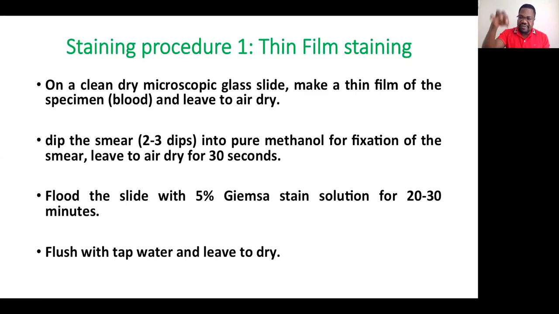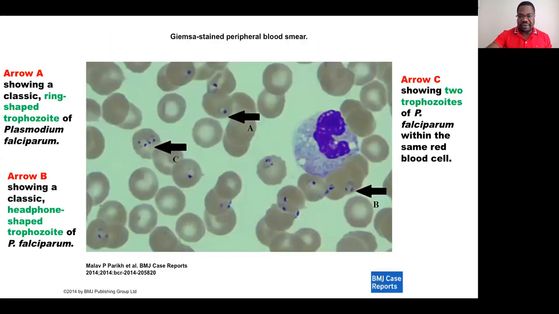After dipping it in the pure methanol, you leave that slide to air dry for 30 seconds. Then you float the slide with a 5% Giemsa stain solution for 20 to 30 minutes. You leave it there, then you flush with tap water and you leave it to dry. So that's how you stain your thin film.